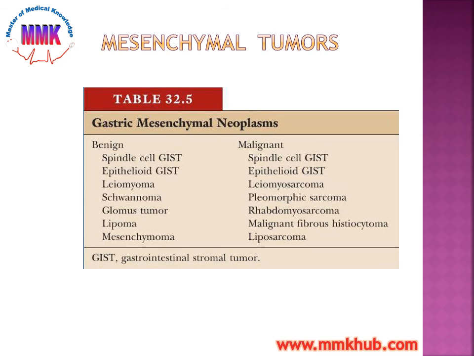Then the leiomyoma, a benign tumor of the smooth muscle, leiomyosarcoma, a malignant tumor of the smooth muscle, schwannoma and pleomorphic sarcoma, glomus tumor, rhabdomyosarcoma, and lipoma and mesenchymoma as benign tumors, and malignant fibrous histiocytoma and liposarcoma are the malignant tumors.